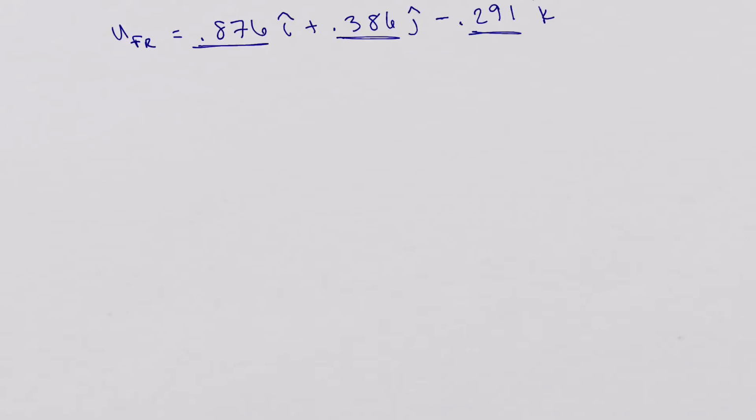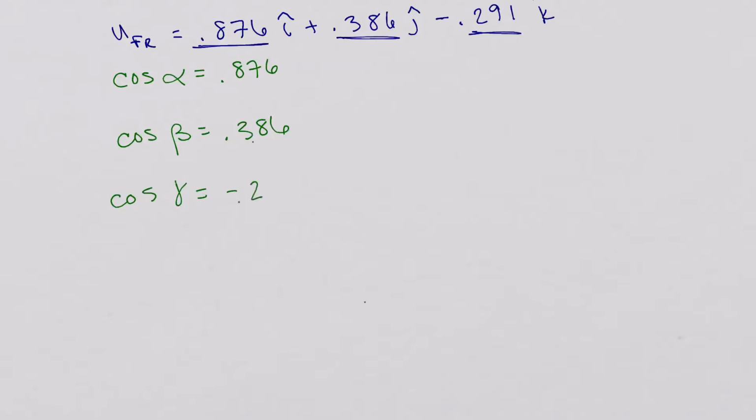So now we can figure out those angles. So cosine of alpha is going to equal 0.876, and then cosine of beta is going to equal 0.386, and cosine of gamma is going to equal negative 0.291. And let's see. So gamma is going to equal 106.9 degrees.